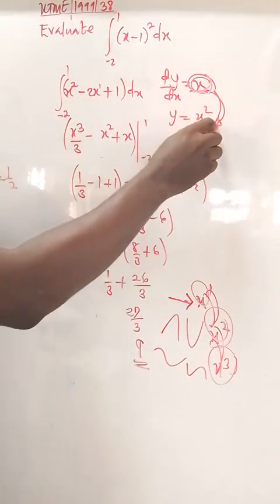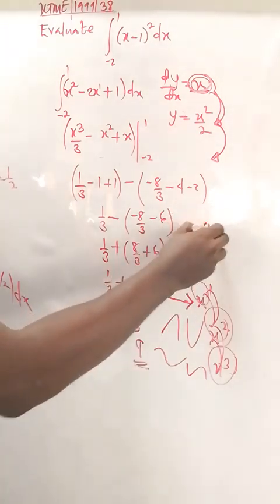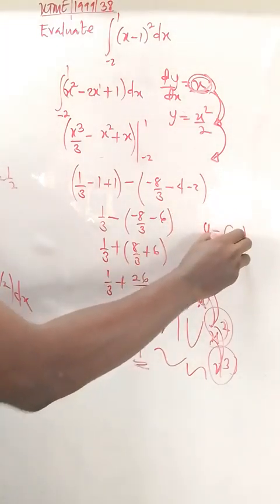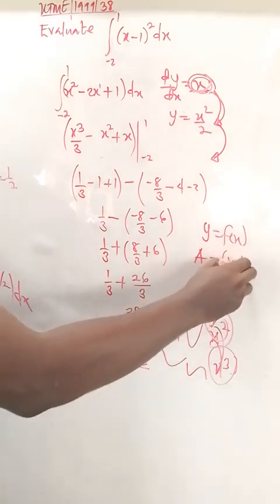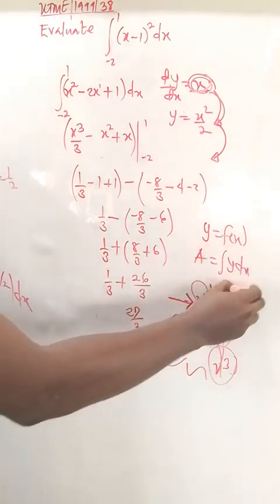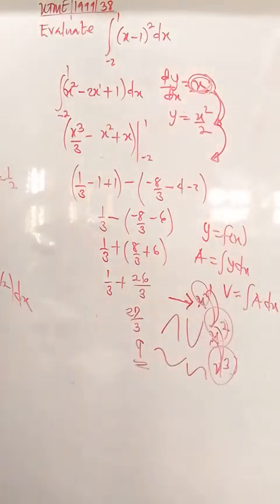If we integrate area, we get volume. So let's talk about volume. Volume is what? Integration of area. Let's suppose y is a linear function. If we integrate y with respect to x, we get area. Volume now, when we integrate what? Area. We get volume.